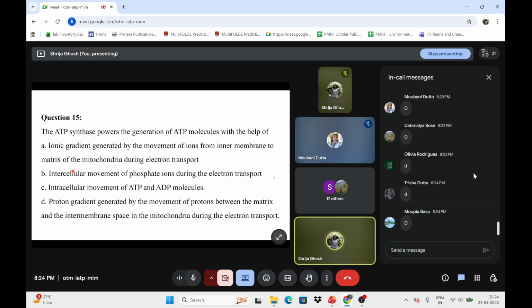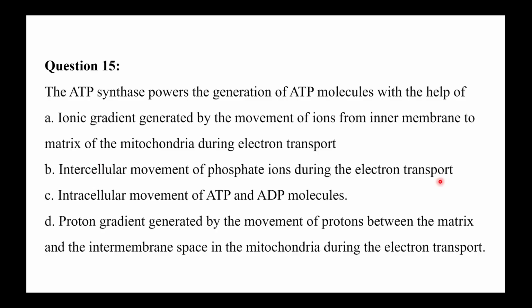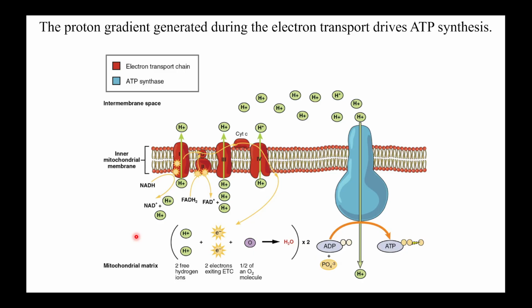So the 5 of you who have answered, you have answered option D, proton gradient. Obviously we have already discussed this, so there should not be any doubt. Proton gradient generated by the movement of protons between the matrix and the intermembrane space in the mitochondria during the electron transport chain powers the ATP synthase to generate ATP molecules.